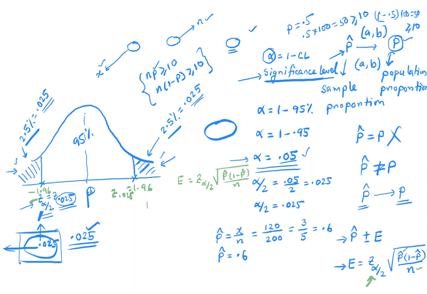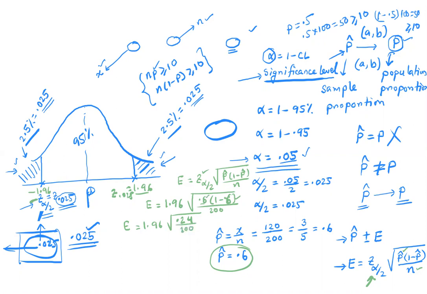So E is 1.96 times the square root of 0.6 times 1 minus 0.6, all divided by 200. 1 minus 0.6 is 0.4, and 0.4 times 0.6 is 0.24, all of it divided by 200.